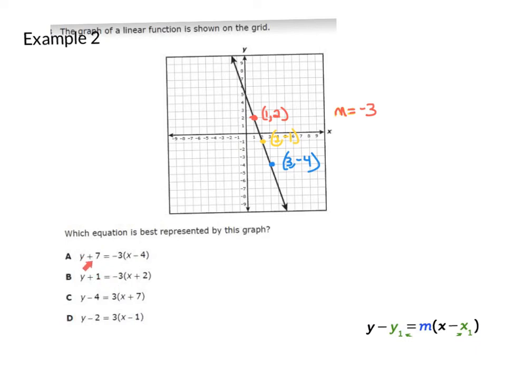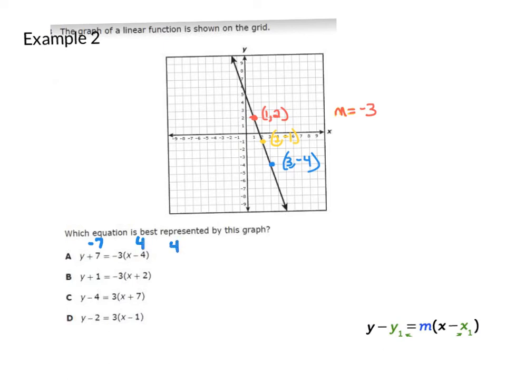Now notice this says y plus 7 and -4. So if this is in point slope form, remember that this y plus 7 would have actually had to have been a -7, because the formula is y minus y1. So y minus a -7 would be y plus 7. And then, of course, this is x minus x1. So this means the x must have been +4.